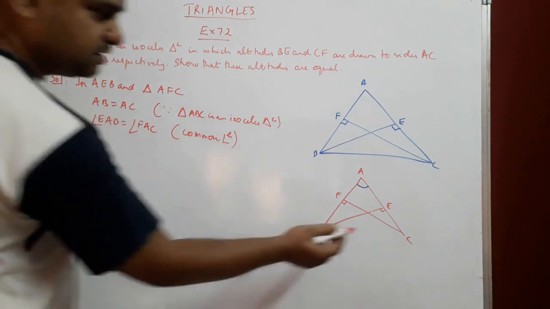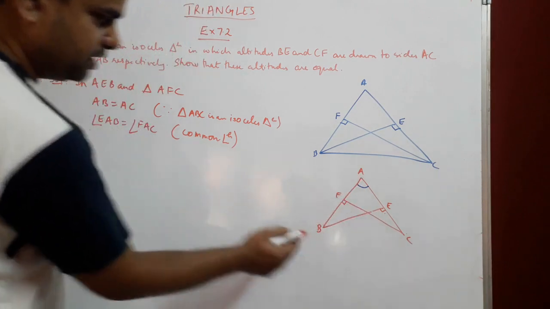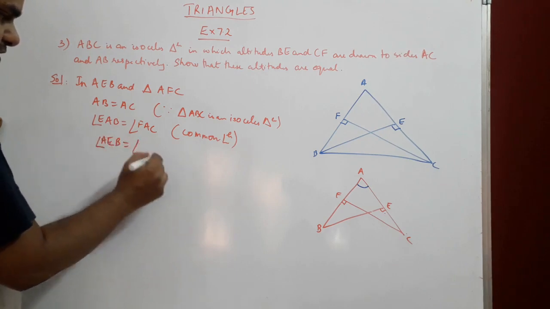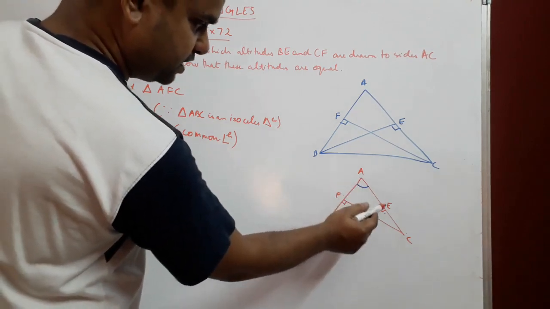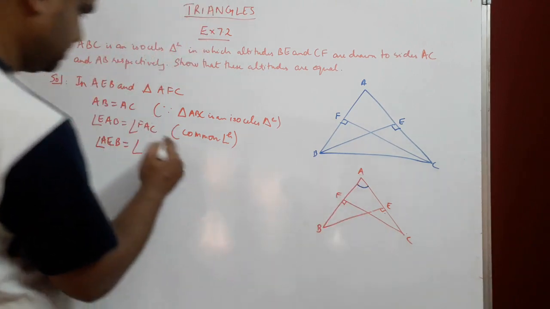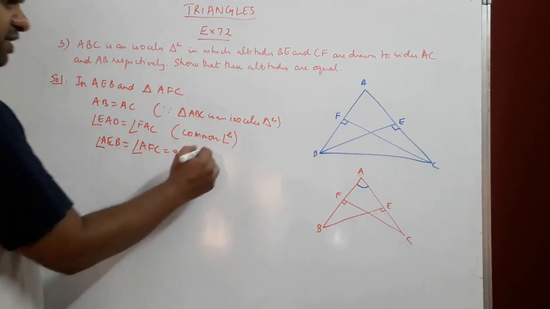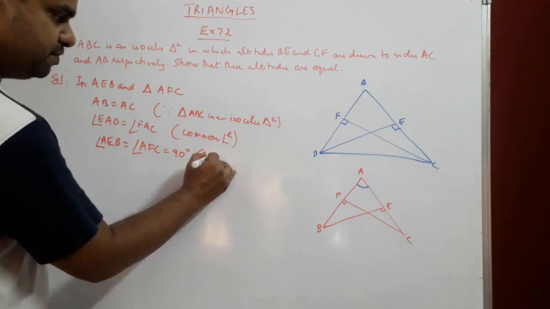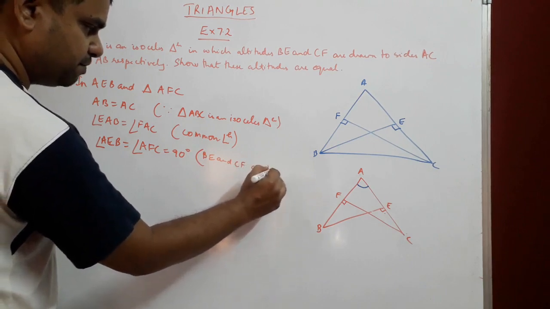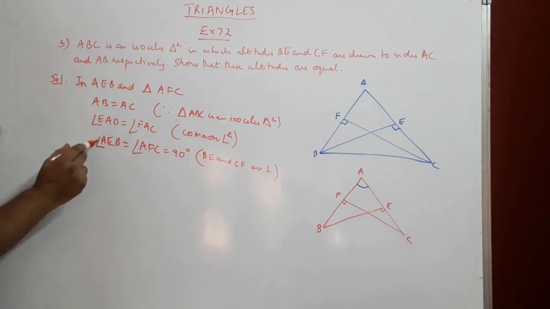In case of triangle AEB, it will be angle AEB, and in case of triangle AFC, it is angle AFC, and both are equal to 90 degrees, because we have been given that BE and CF are perpendiculars.